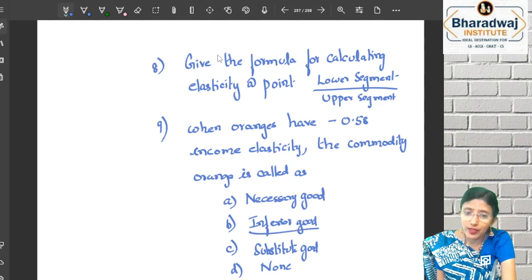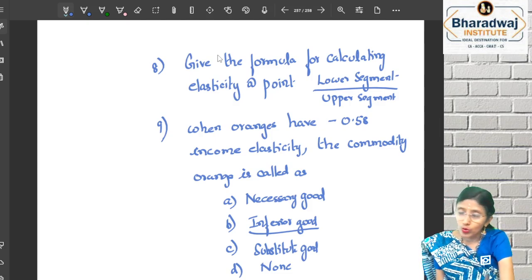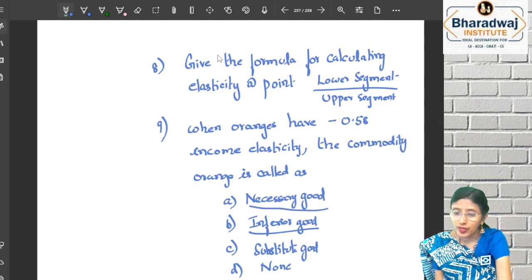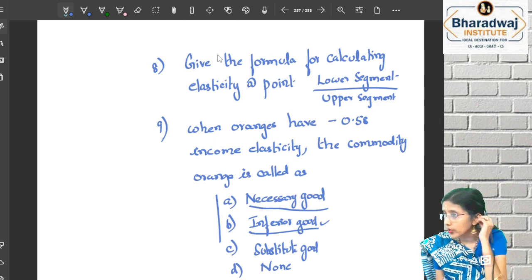The other thing here is that they have not spoken about changes in the income of the consumer and its impact. So the examiner's other option is that it is also a necessary input. Both these options were taken, and the winner of the two is inferior, by a very small vote difference.